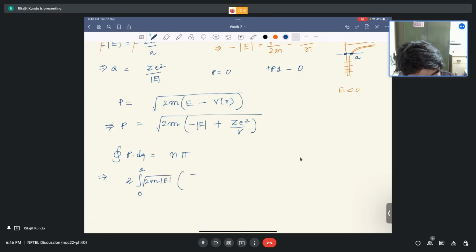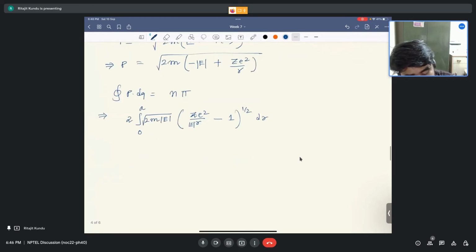So it becomes Z e square by r mod e, and minus 1 half dr. I am taking 2m and e out, but I am leaving the minus there. So the minus 1 I have written as the second part of this equation, and then I am left with Z square by e and r.